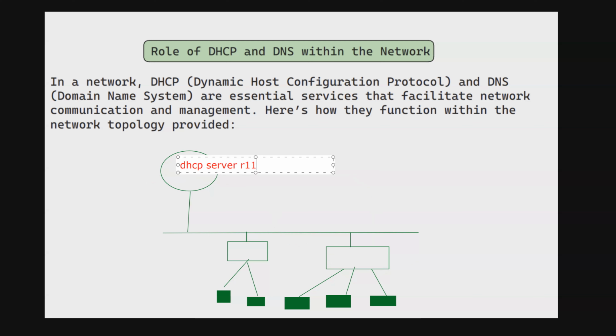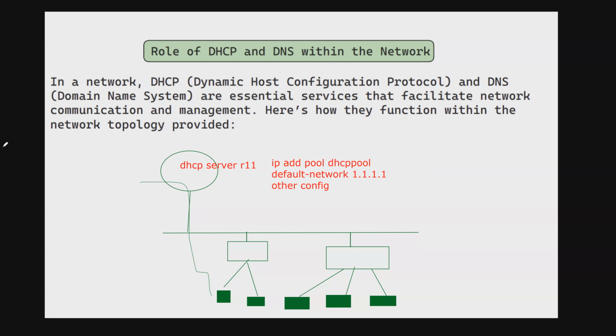Suppose R11 is my DHCP server. So I can go to router 11 and create an IP address pool, the DHCP pool, and then the default network, and I have to give some network and other configuration.